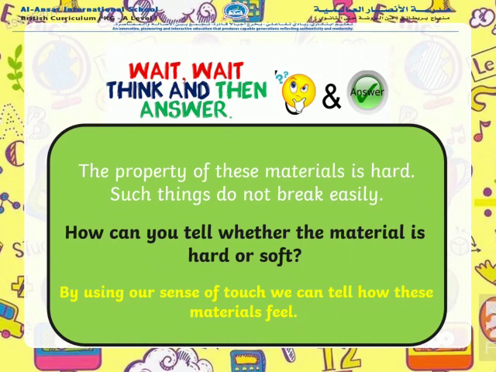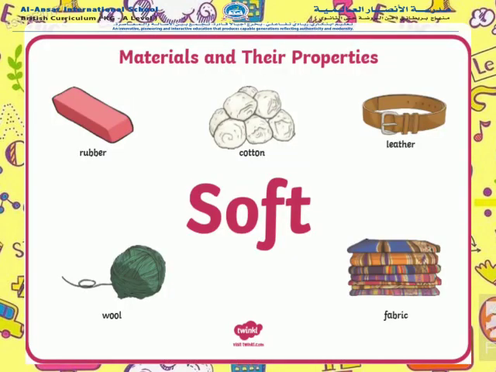Feel it. Can you squeeze it? No. Why? Because it's made of a material that's hard. It feels hard. So the property of this material that cannot bend or fold or twist is hard. Let's move on to the next one.